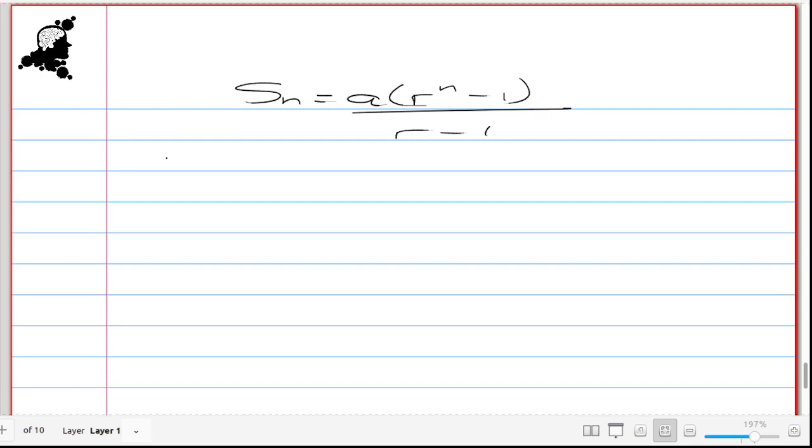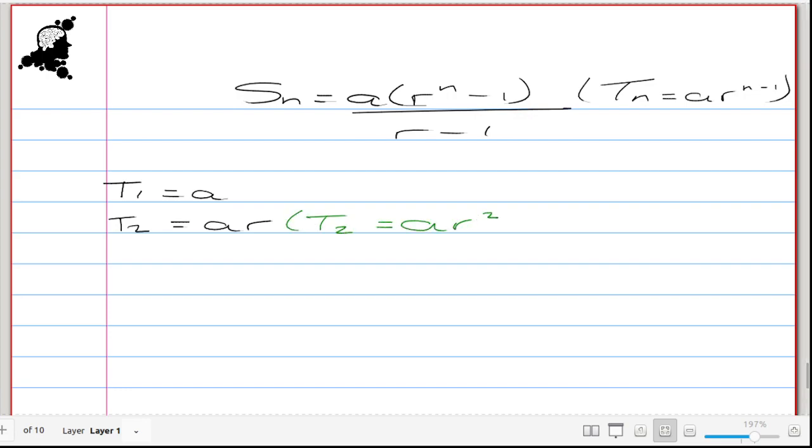Once again, you need to remember Tn is equal to ar to the n minus 1 for geometric series. So T1, our first term, is a. To get T2, we take the first term and multiply it by the common ratio. As we did with the arithmetic sequence, T2 is equal to ar to the power 2 minus 1, which is just ar. Lovely, wonderful.